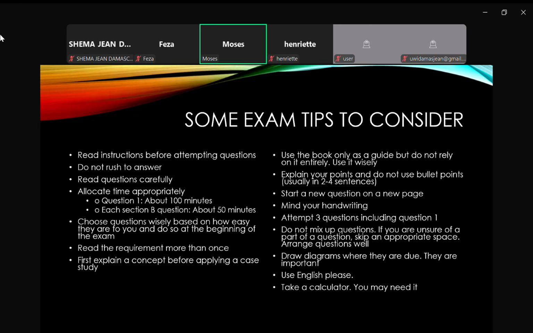Take a pause, take a few deep breaths, and read the question paper in ways that I will explain later before you start attempting. You must also read questions carefully. What I usually say is read a question, especially the requirement, more than once.